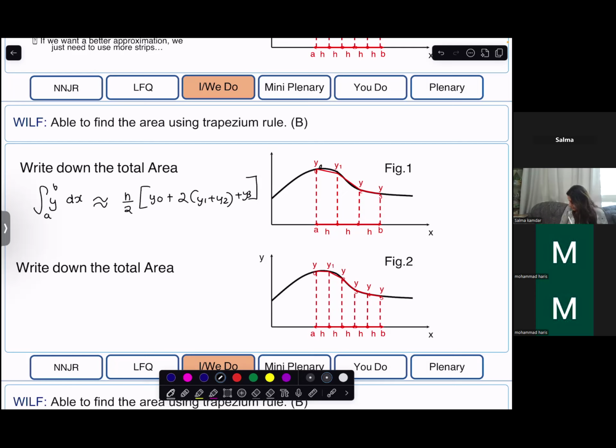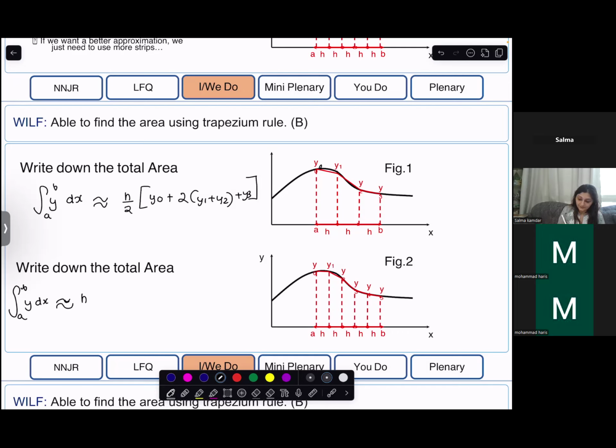Again, I'm saying I'm integrating y with respect to x between b and a. You use these words while solving, so that you have an idea about the words that are being used in the question. It is approximately equal to, I'm saying approximately again and again. What is it approximately equal to? Can you say?